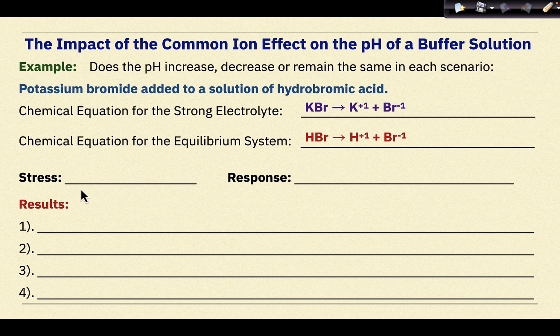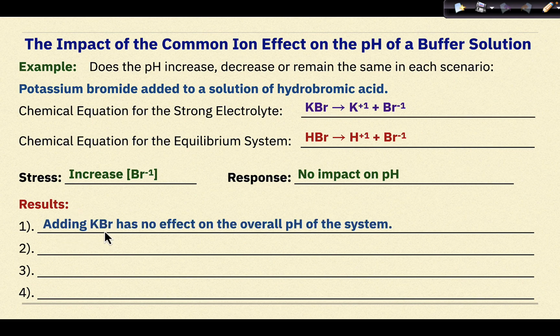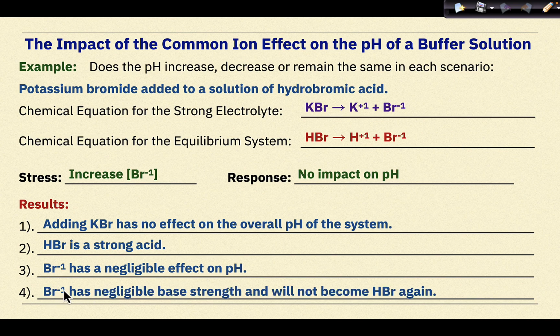The stress on the system is an increase in Br-1 ions. The response is that there is no impact on pH. Adding KBr has no effect on the overall pH of the system. HBr is a strong acid. Br-1 has a negligible effect on pH. Br-1 has negligible base strength and will not become HBr again.